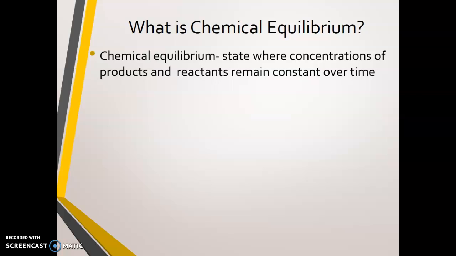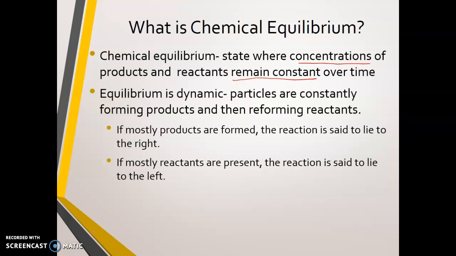So what is chemical equilibrium? Chemical equilibrium is the state where the concentrations of the products and the reactants remain constant over time. Equilibrium is dynamic, and so particles are constantly forming products, and then they are also reforming reactants.